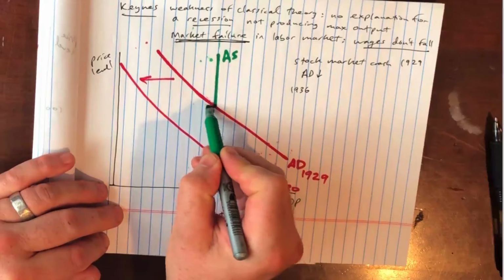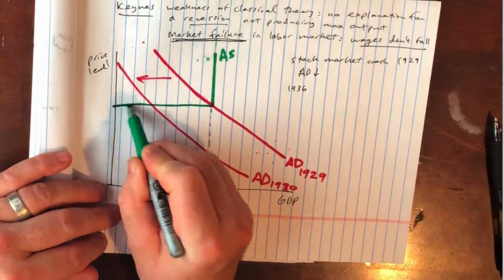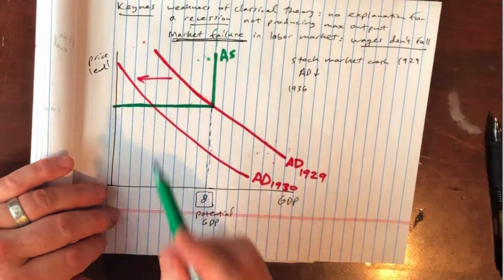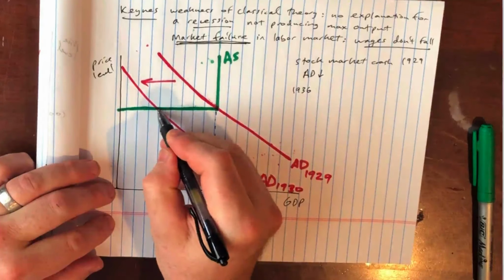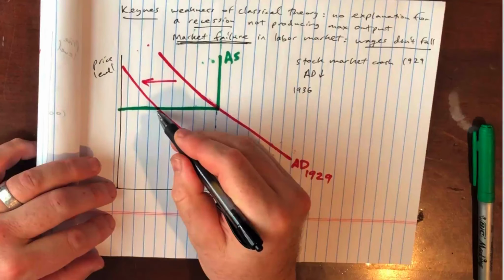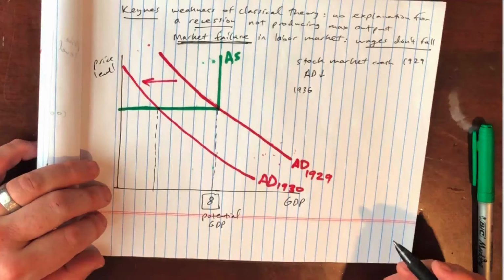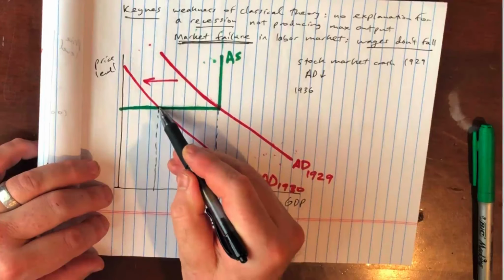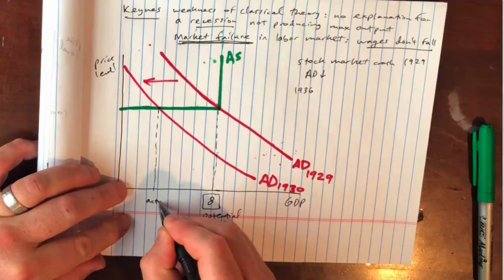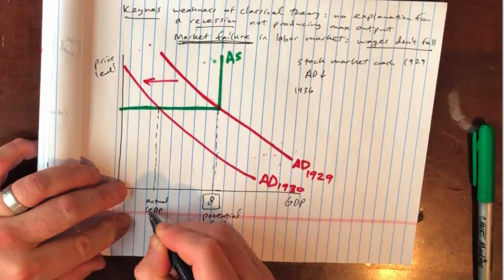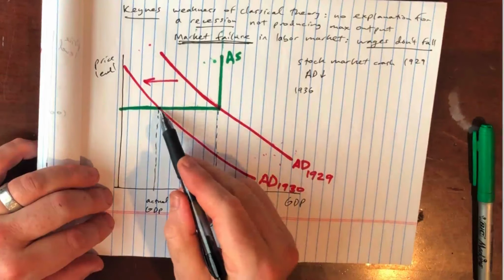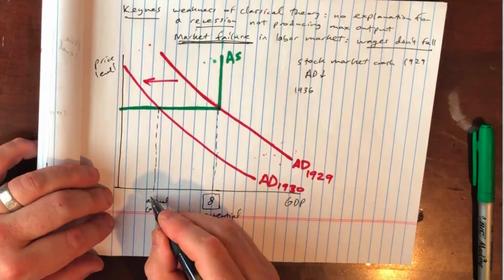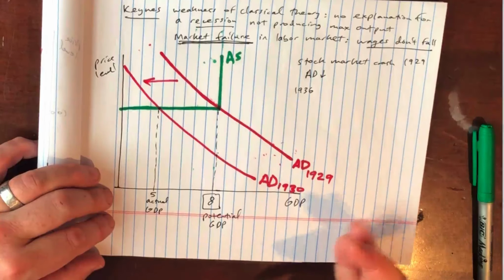Maybe it in fact has a horizontal section. Maybe where aggregate demand in 1930 crosses aggregate supply is its equilibrium point, right? And the level that we're at, society's actual GDP, and remember, it's at equilibrium, could be a lot lower than the potential, okay? Perhaps the actual GDP is 5 trillion, okay?